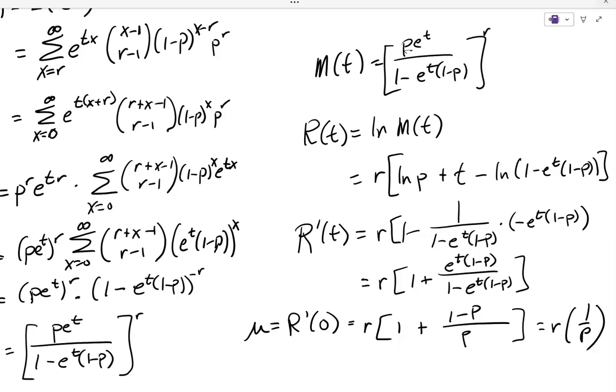What was the mean for the geometric again? 1 over p, wasn't it? There's an r times 1 over p. Think about why this makes sense. Say something on the average happens 20% of the time. So you would expect the first occurrence to happen after the 5th trial, right?